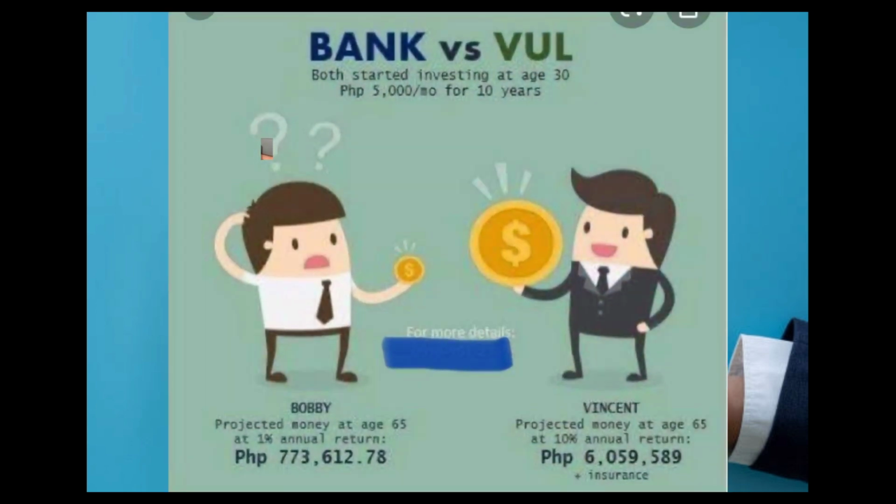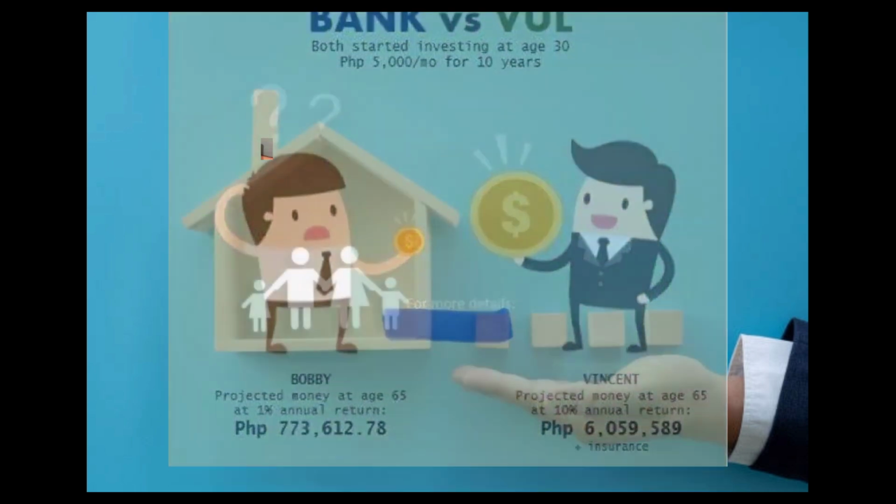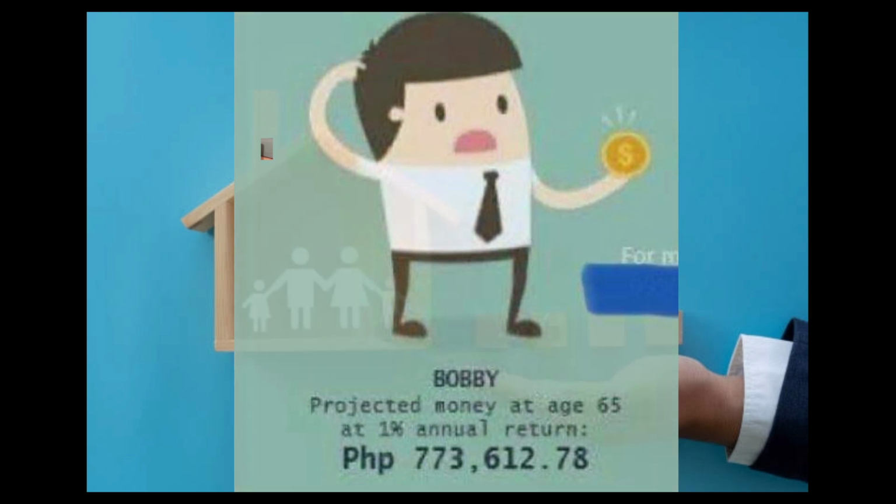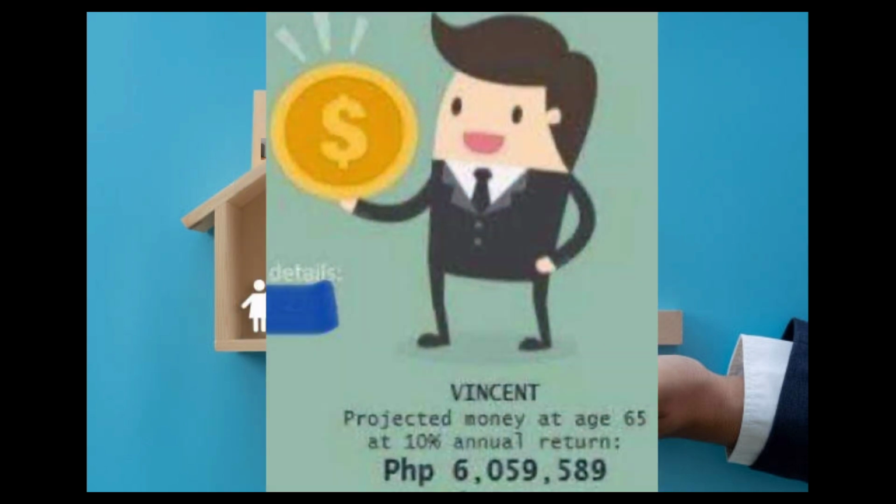So this is an example of the variable universal life compared to a bank. In this illustration, both invested at age 30 with an amount of 5,000 per month for 10 years. So this is a long term. Bobby's projected money at age 65 with 1% annual return will earn only 772,612.78, while Vincent put his money in variable universal life.